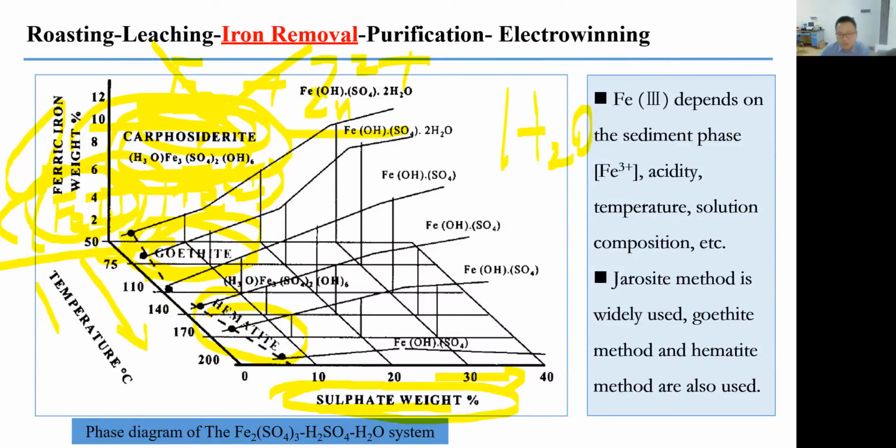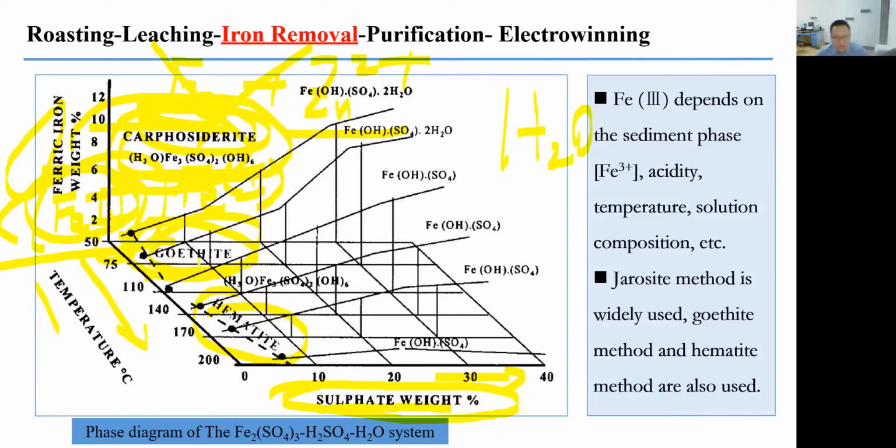It should be lower than 2 or 1 gram per liter. And besides the temperature and the ferric ion, the acidity should also be controlled, because hematite is only stable at quite low acid concentrations, and goethite as well.